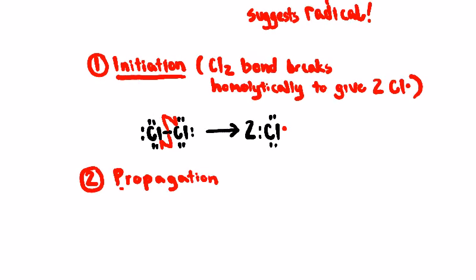In this propagation step, the chlorine radical is going to attack a carbon-hydrogen bond to form the most stable intermediate. This is analogous to what we saw when we were looking at reactions of the alkanes. Remember that with reactions of alkanes, we created the most stable radical by breaking a carbon-hydrogen bond to make a tertiary carbon radical over a secondary and over a primary.